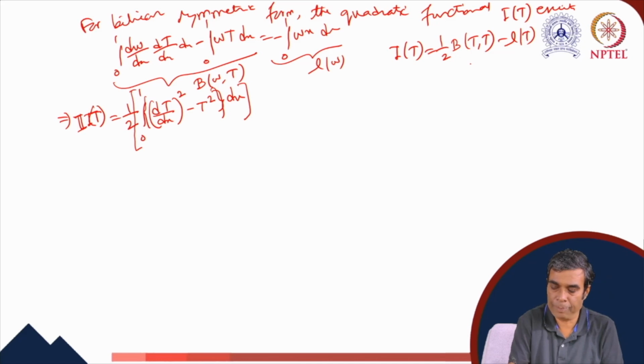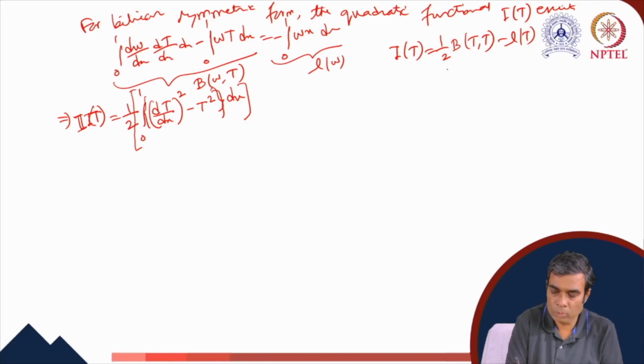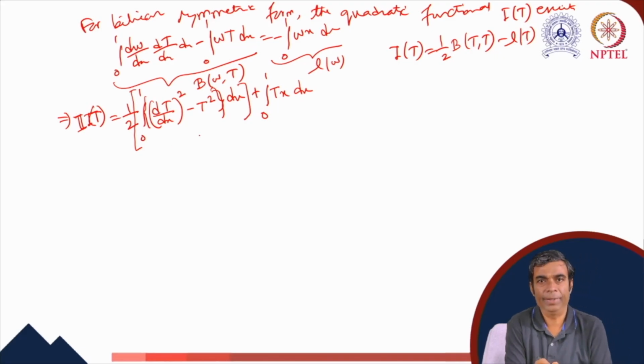So this is half B(T, T). Then we have to subtract L(w). L(w) is a negative quantity, so it will be a plus term. It will be integral 0 to 1, with w replaced by T, so we have Tx dx. So we have our quadratic functional ready for performing the Rayleigh-Ritz approximation.